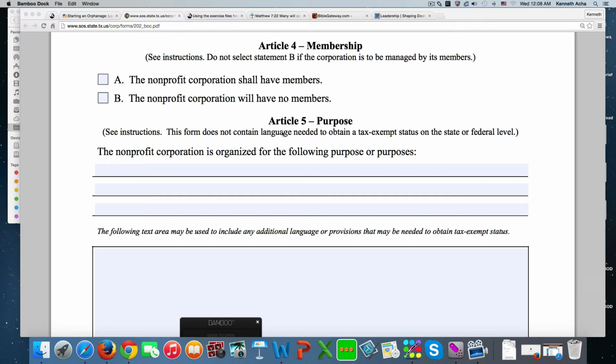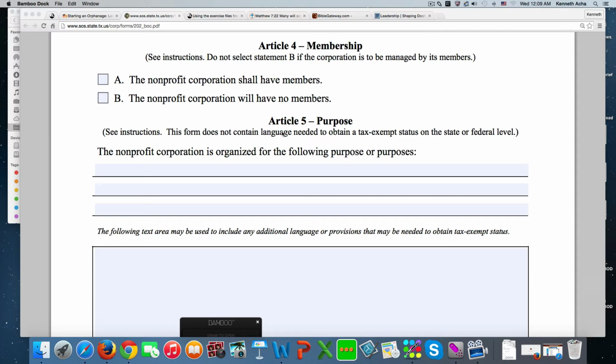What I will advise you though is that I recommend you use a service like LegalZoom or some other service like that to file your IRS tax exemption. I did it myself for Shaping Destiny. When I started Shaping Destiny, I filled out this form by myself.